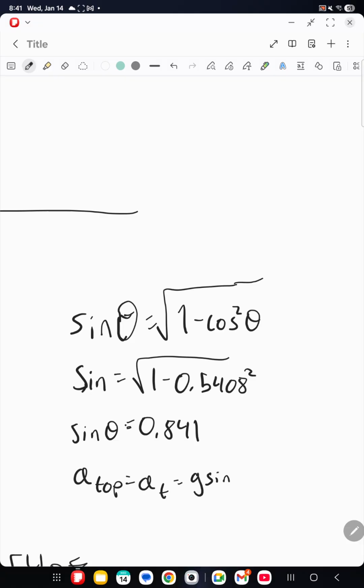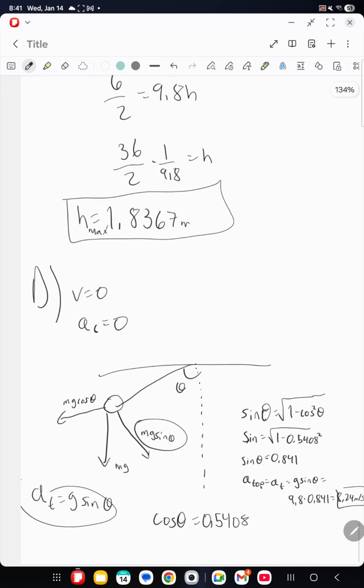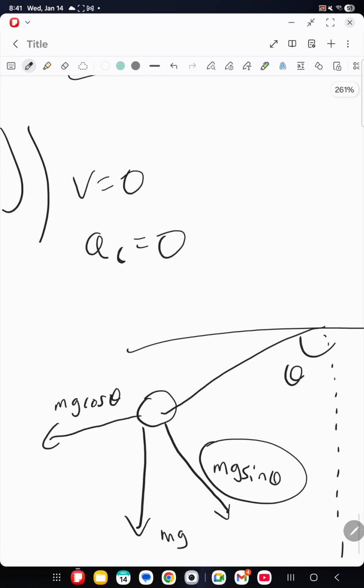And so the top acceleration, which will be equal to the tangential acceleration, will be g times sin of theta, which will be 9.8 times 0.841, which is equal to 8.24 meters per second. So its acceleration here will be 8.24 meters per second.